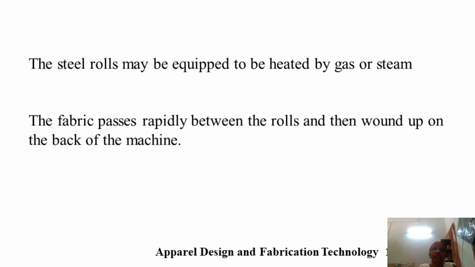The steel rolls may be equipped to be heated by gas or steam. The fabric passes rapidly between the rolls and is then wound up on the back of the machine.